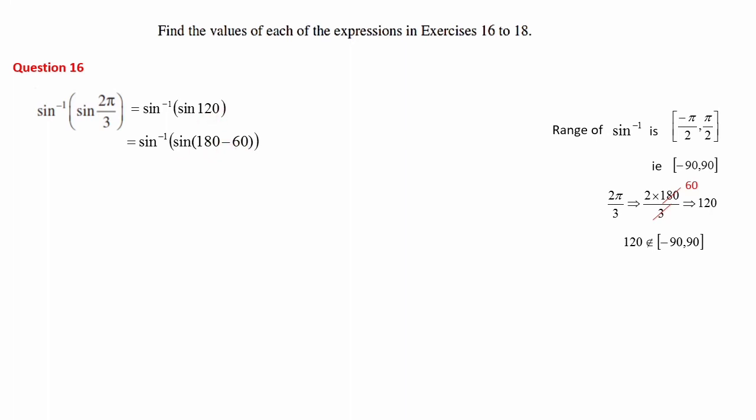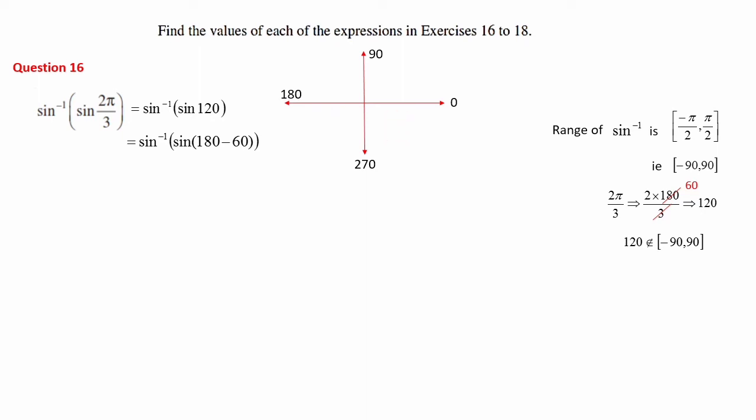Now we know that sine of 180 minus theta is sine theta. And we need to check the sign of the result also. When we check the 4 quadrants, first, second, third and fourth, in the first quadrant all trigonometric ratios are positive, in the second quadrant only sine and cosec are positive, in the third quadrant tan and cot are positive, and in the fourth cos and sec only are positive.